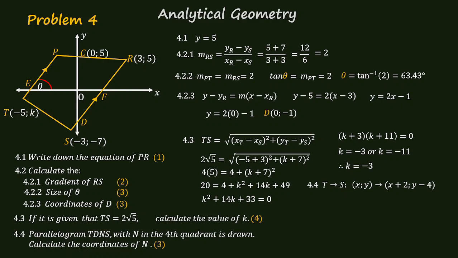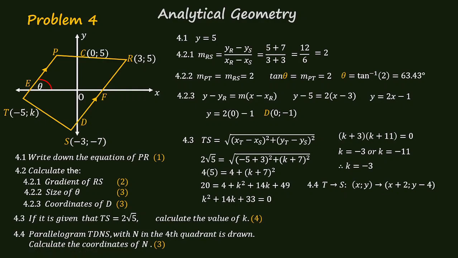So in the same manner, to find the coordinates of N, we are going to use the same translation from D to N. For the x value, we add 2. For the y value, we subtract 4.